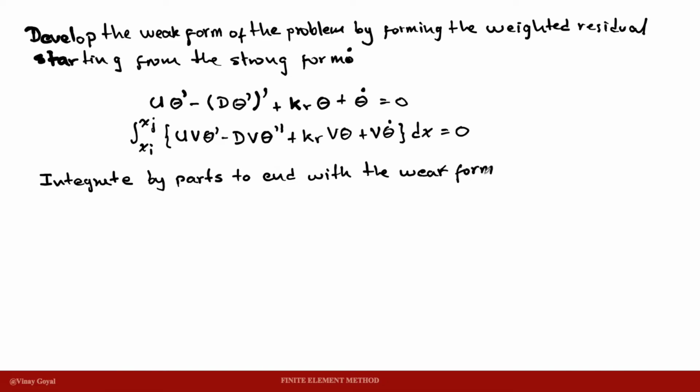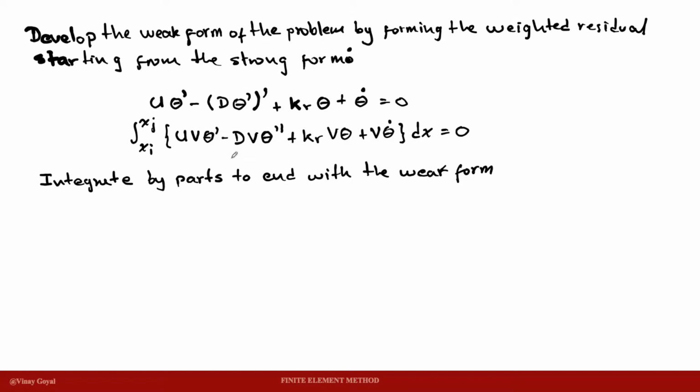So we want to weaken the continuity of this equation, right? And the main goal is to balance the derivatives. So again, we look for those terms where we need to do that, and those are the only terms that we want to integrate by parts.